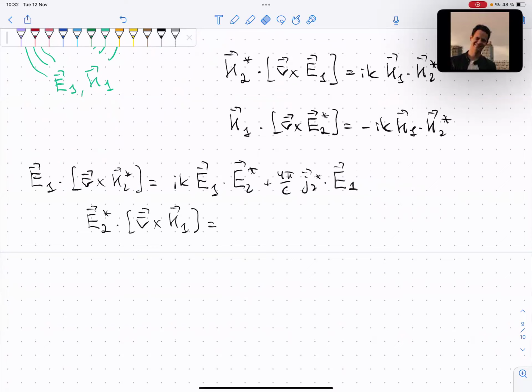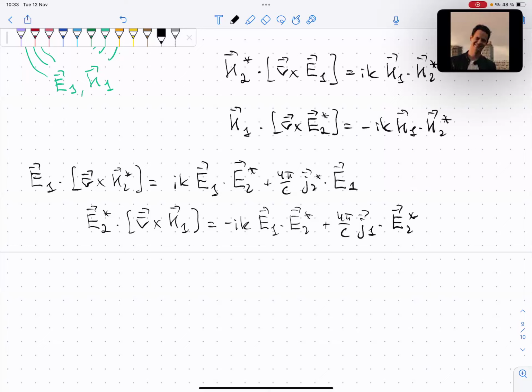There should be plus here because it's conjugated. Equals minus ik E1 times E2 conjugated plus 4 pi over c J1 times E2 conjugated.